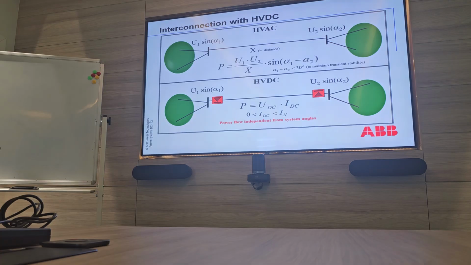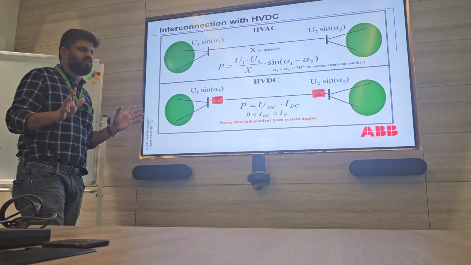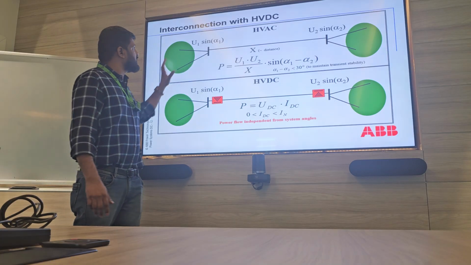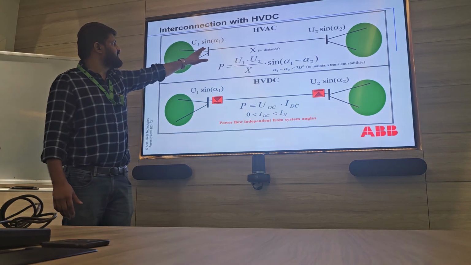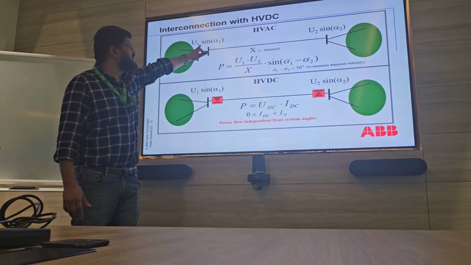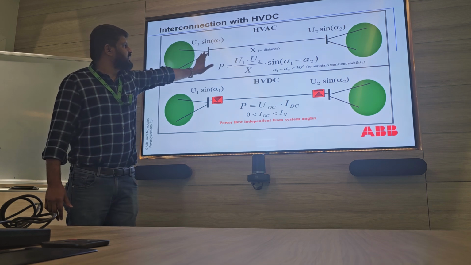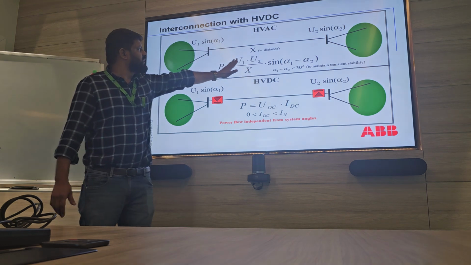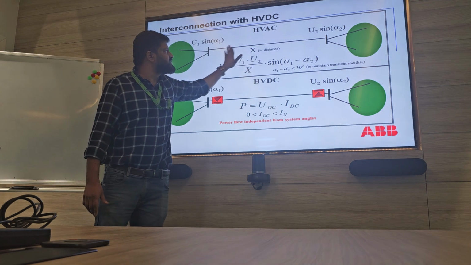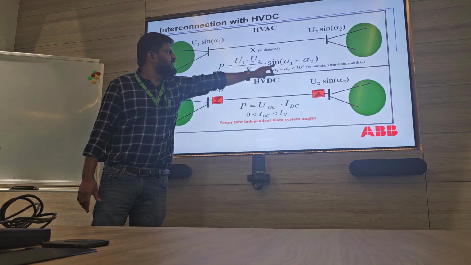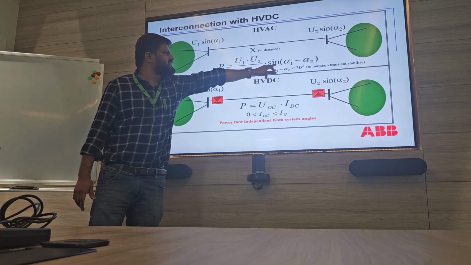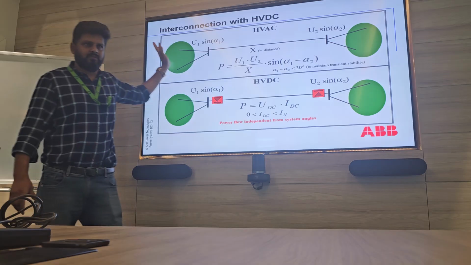The control is very accurate, because this is AC. We have network 1 with U1 and angle alpha 1, and network 2. The formula for power transfer is U1 U2 divided by X, the transmission line reactance, times sine of alpha 1 minus alpha 2, the phase angle between the two networks.